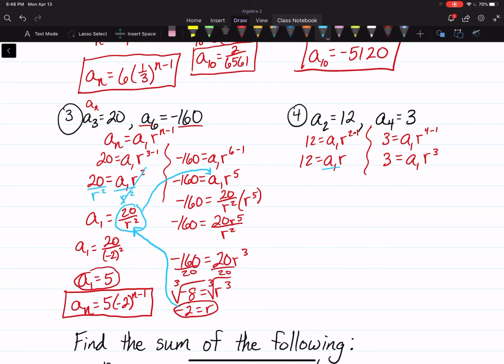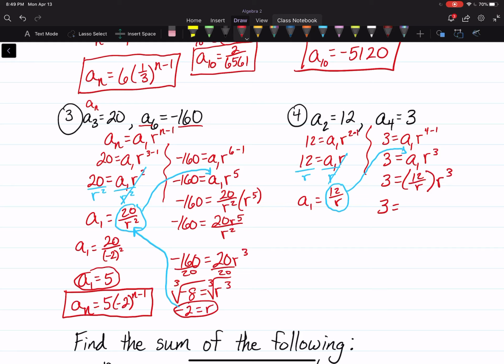Again, we're going to solve the one that's the smaller exponent first, so we're going to divide by r. Those will cancel, and a1 is 12 over r. And we're going to take that and substitute a1 in for the other equation. So 3 equals 12 over r times r to the third.